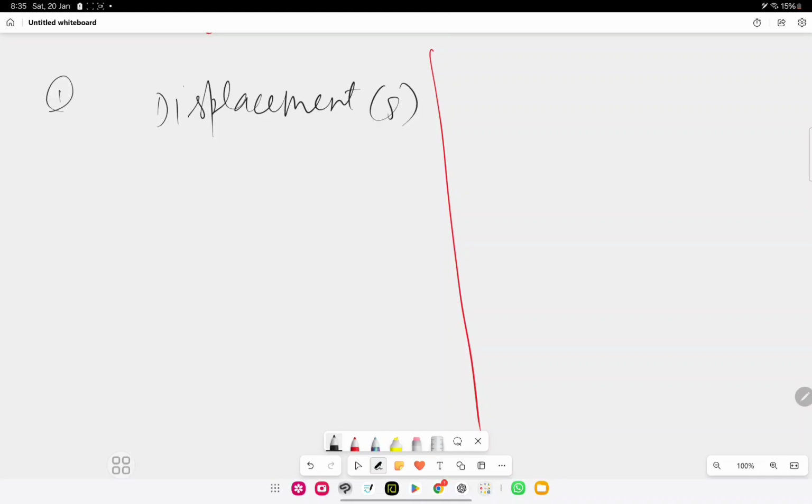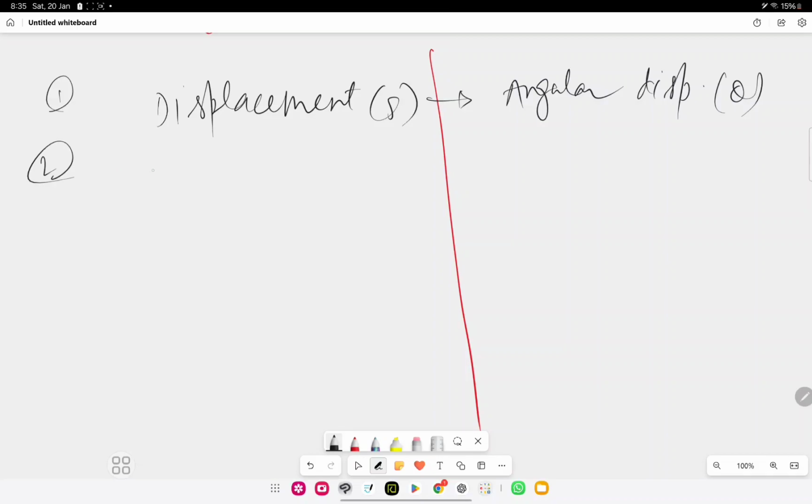Displacement we write S. In the angular case, the corresponding quantity is the angular displacement, which we write by theta. The second thing we talk about is velocity.